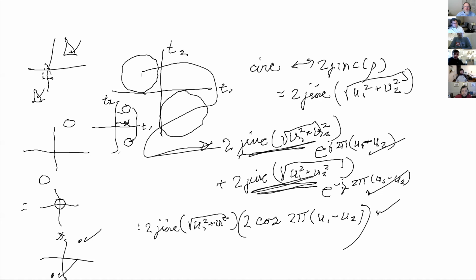And then you would have a cosine of U2 because the shift in this direction matches the shift in this direction. And this would give you a cosine as a function of U2 in this case. So hopefully that simplifies things a little bit. Any questions on that?